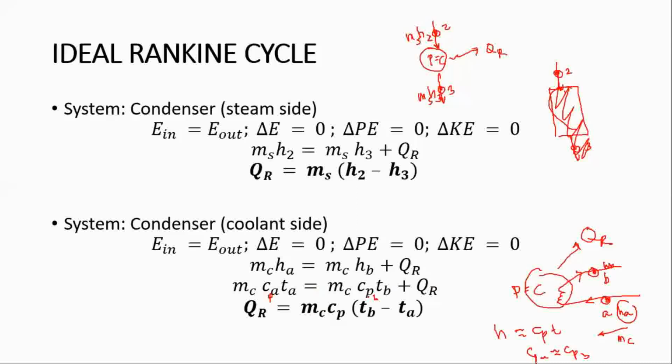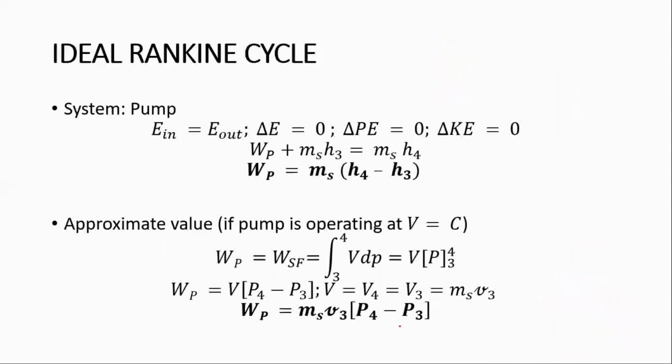Transpose lang natin to. And then collect similar terms. So, finally, we have QR equals mass ng coolant, Cp ng coolant times T sub B minus T sub A, or QR equals mass ng coolant, Cp ng coolant times delta T, kasi kalimitan sa problem ang binibigay ay yung change in temperature na. Or minsan yun ang hinahanap, no? Yung delta T.